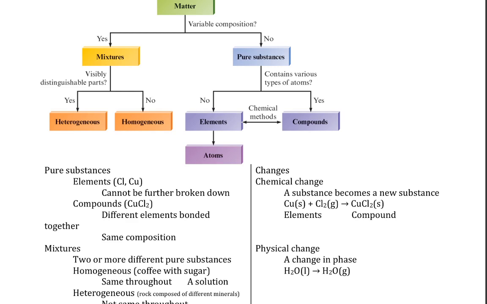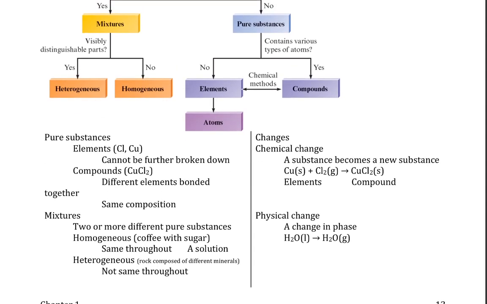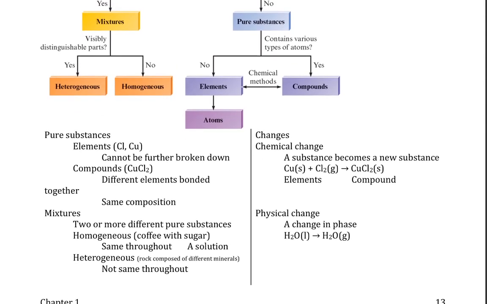And mixtures, so going to the left side, mixtures come as 2 types: heterogeneous or homogeneous. You might be drinking a cup of coffee or tea right now, and you might have put some sugar or some sweetener in your drink.